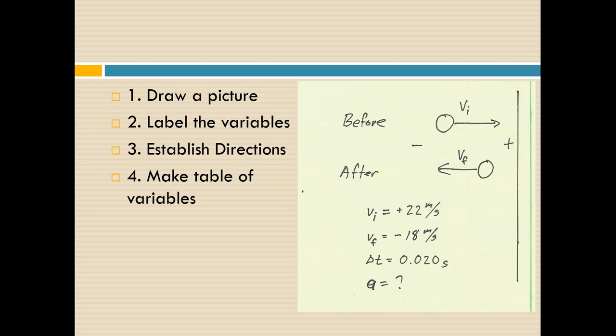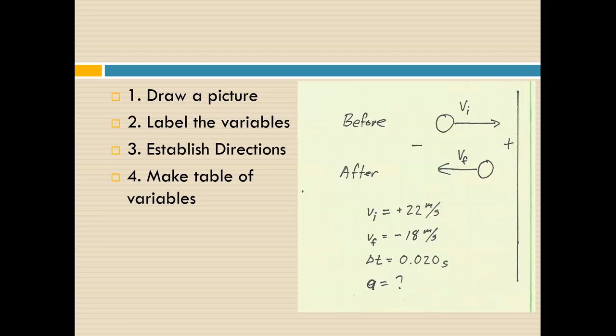Now at this point, in a relatively simple problem, there's usually an equation we can grab. But in more complicated problems, we have to recognize the physical process, the physical issues going on here. Physically, what's happening? The ball is accelerating.